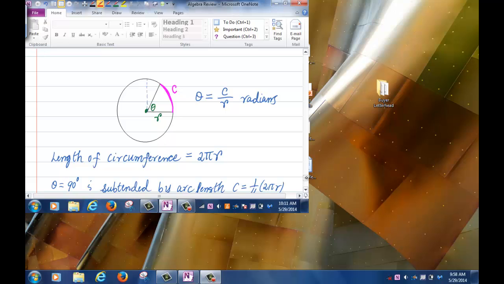So the question is, why do we use radians once again? Well, first of all, just remember that in calculus, we use radians, we don't use degrees.